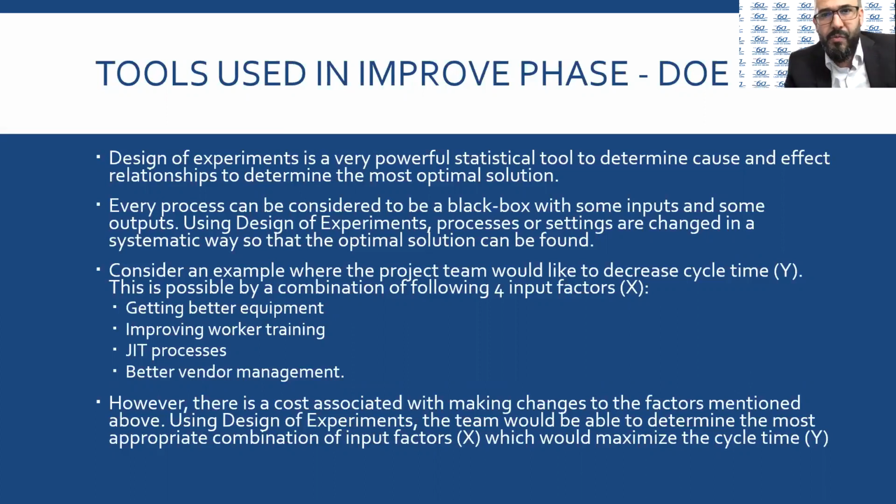Yes, absolutely, you're correct. This is the whole idea of the design of experiment: to look into different factors that will impact the final result, that will impact the y. In the design of experiment, you play with these factors and see which one has the most impact.